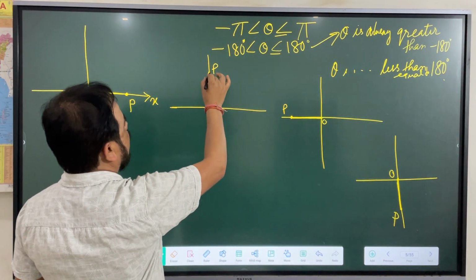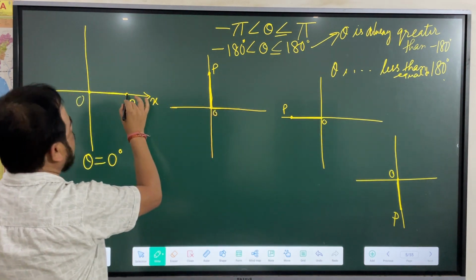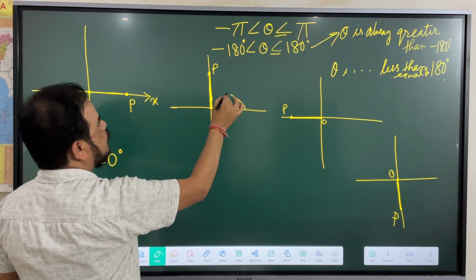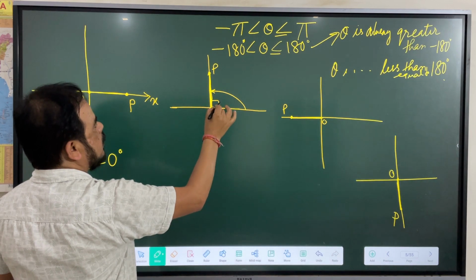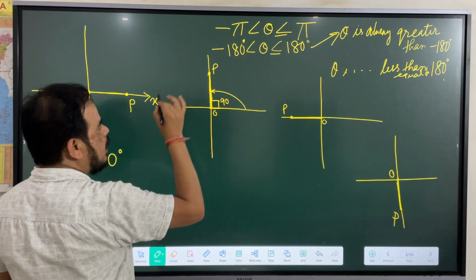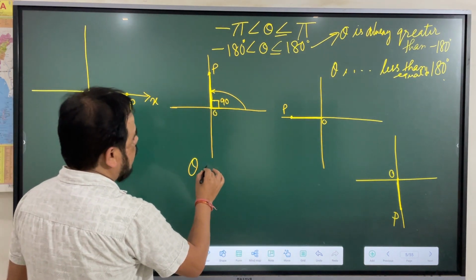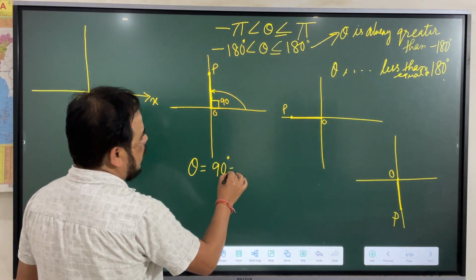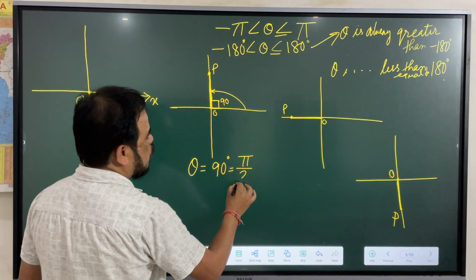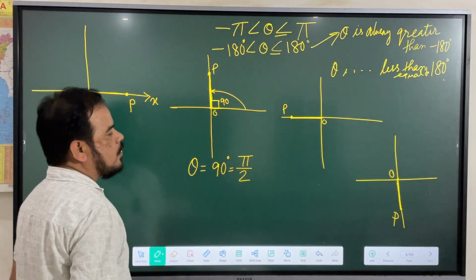If P has moved this much, what is the degree? 90 degree. So theta will be 90 degree here, or we can write it as pi by 2, 180 by 2.